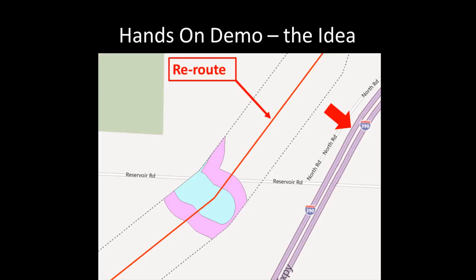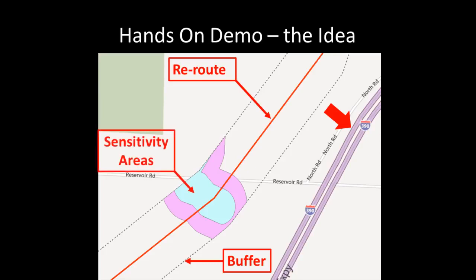This dotted line represents the 500-foot buffer around the proposed interstate reroute that is of interest for the archaeological sensitivity analysis. Finally, these polygons represent areas determined to be of archaeological sensitivity based on the spatial analysis and modeling conducted using the parameters discussed in the previous slide. In this hands-on demo, I'll show you how to do such a spatial analysis and model. I'll also show you how to create a basic elevation effect using some of the raster techniques previously discussed.